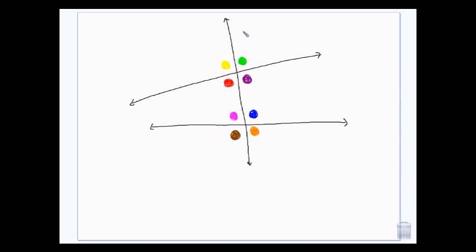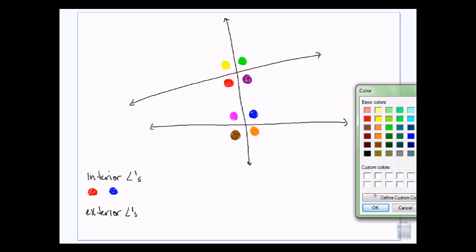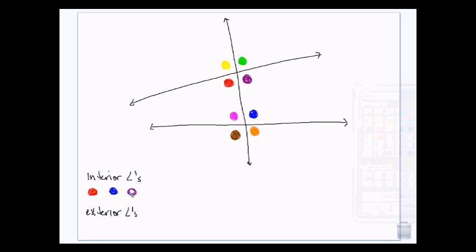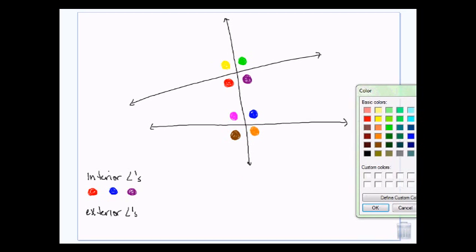So we have our angles, right? We have interior angles and we have exterior angles. Okay. Our interior angles are red and blue and purple and hot pink.